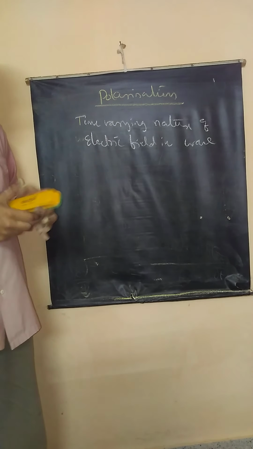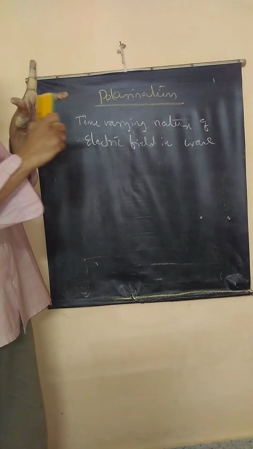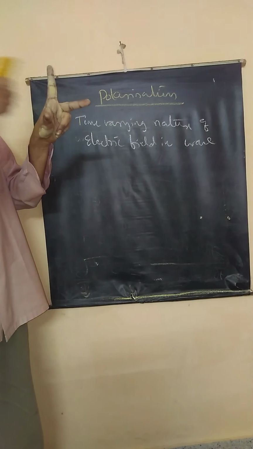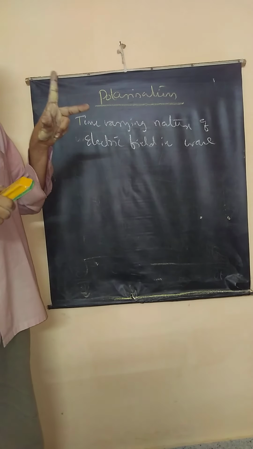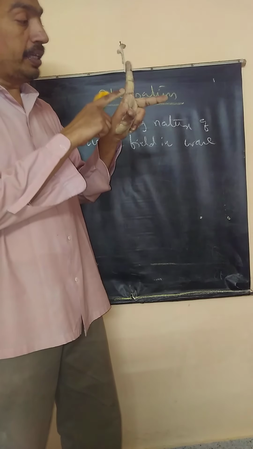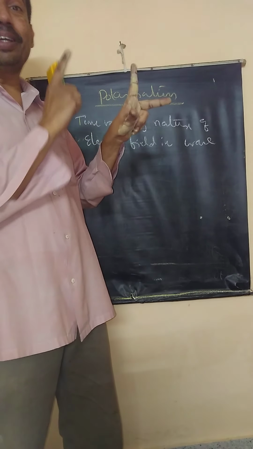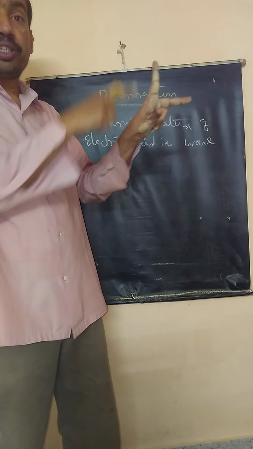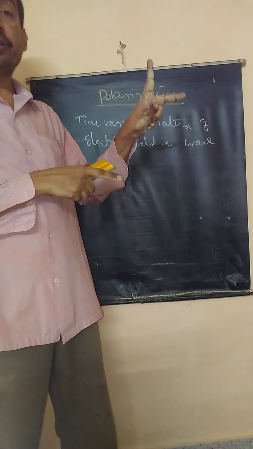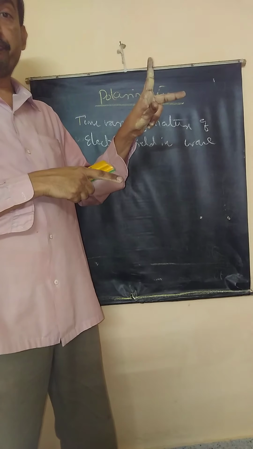For example, imagine this is the direction of propagation of the electromagnetic wave. My forefinger represents electric field, thumb represents magnetic field. Suppose an electromagnetic wave is propagating like this, the electric vector, how is it varying? Is it varying along a straight line, increasing and decreasing? Then it is said to be a linearly polarized wave.